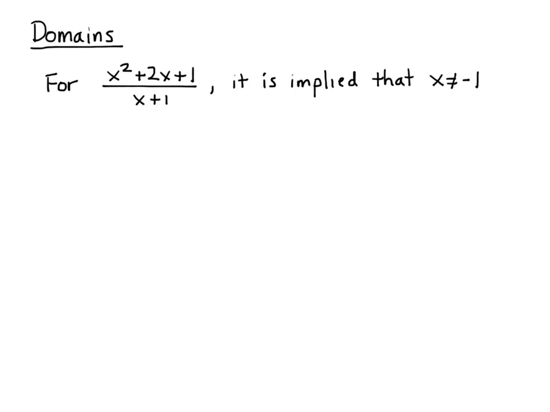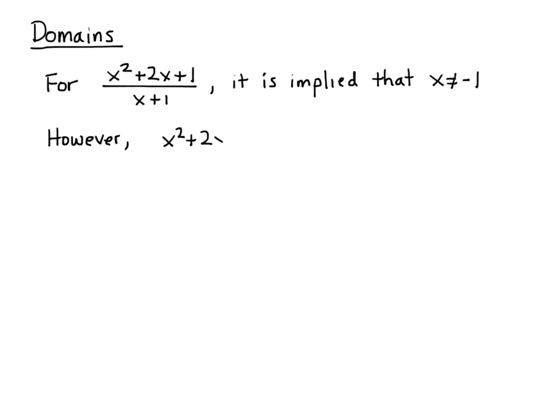Okay, so let's talk a little bit more about domains. We have this rational expression, x squared plus 2x plus 1 over x plus 1. When we just have that, it's implied that x can't be negative 1, because when you try putting in a negative 1, you end up, in this case, with 0 over 0, which is not defined.